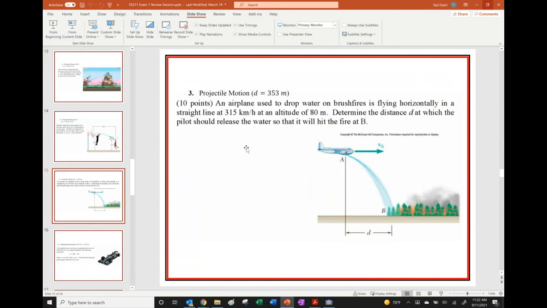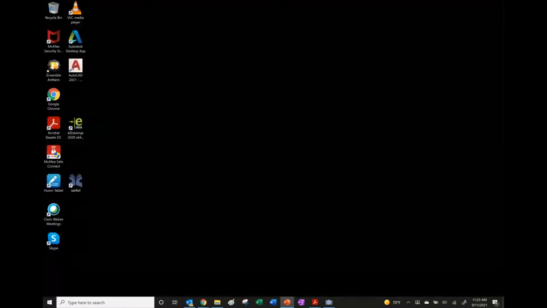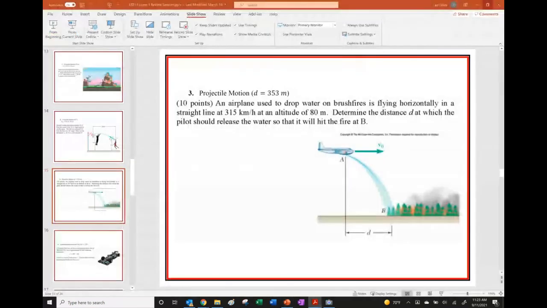We have the speed, the acceleration, and the altitude. We calculate the x, and do the same thing we did in the first problems, x and y, and mix them together to find the distance.